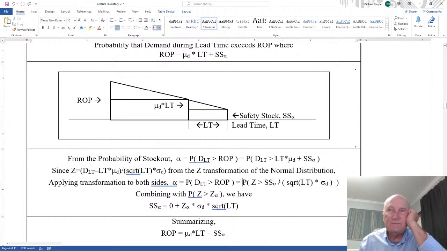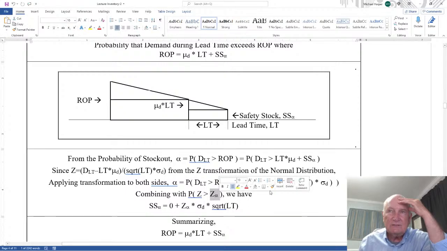So now I have this expression. I combine this with the basic probability that Z greater than z of alpha is alpha. Okay, so then I can compare these. If these are both Z, then z of alpha is going to equal this right here.